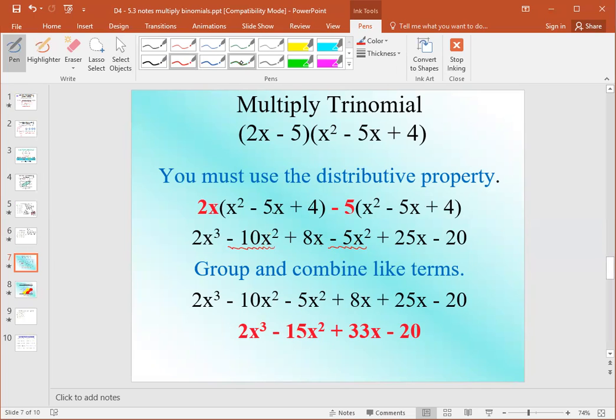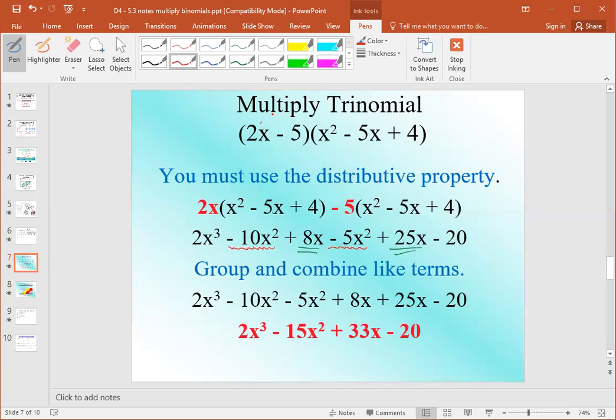I also see that I have positive 8x and positive 25x, and positive 8 plus another 25 gives me 33x. I don't have any other constants, meaning a term without a variable, so I'm going to leave that at negative 20.